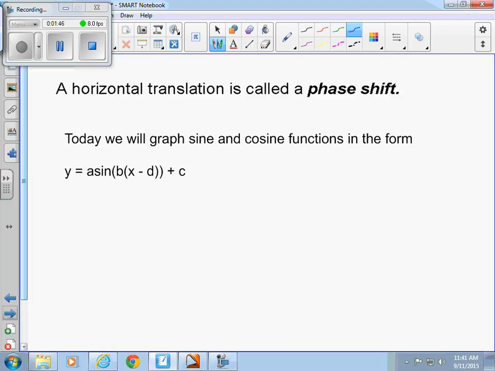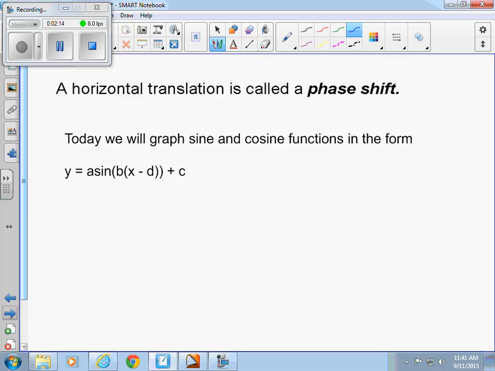Today we are going to graph things with horizontal shifts, vertical shifts, and period and amplitude changes. The horizontal translation, the horizontal shift in a trig function is called a phase shift. Just a new vocabulary word, it's the exact same thing that you learned in Algebra 2. In Algebra 2, you learned that the only way you can get the horizontal shift is by factoring out this b.